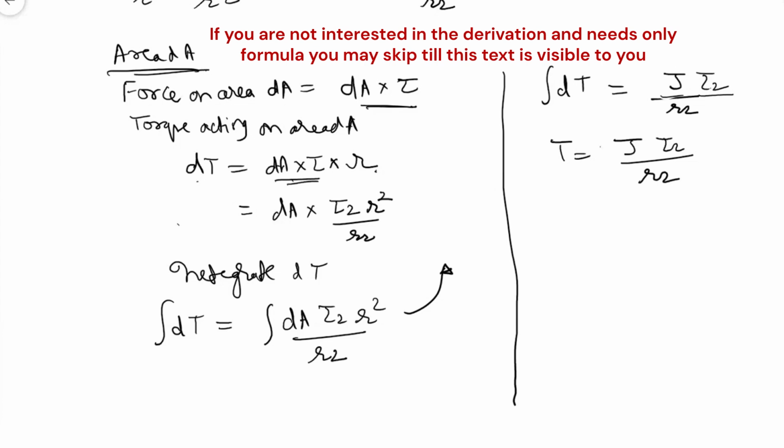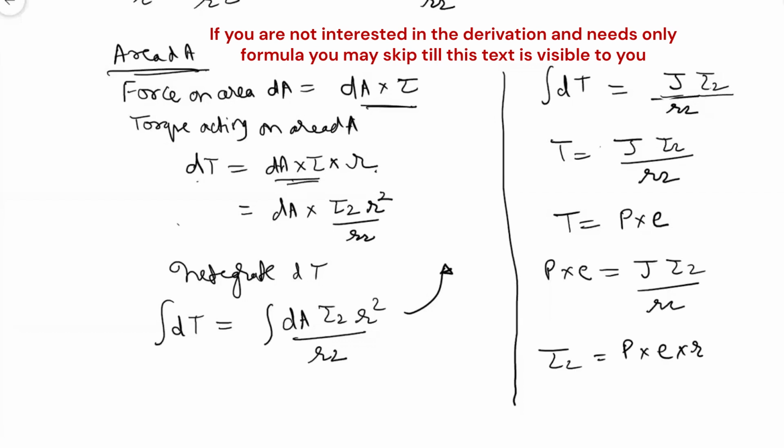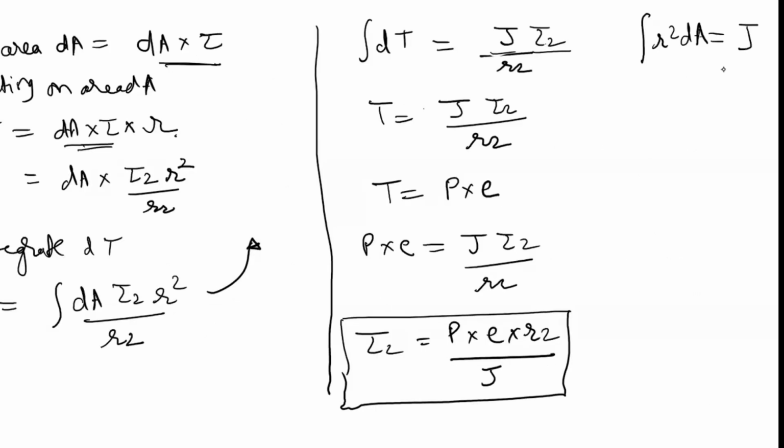Now T is what? T is torque, that is force into distance. So T can be replaced by P into E, equal to J tau 2 upon R2. From this, tau 2 is equal to P into E into R2 upon J. So this gives us the formula for tau 2. Somewhere in some book you will find tau 2 is equal to M R2 upon J. What is M?